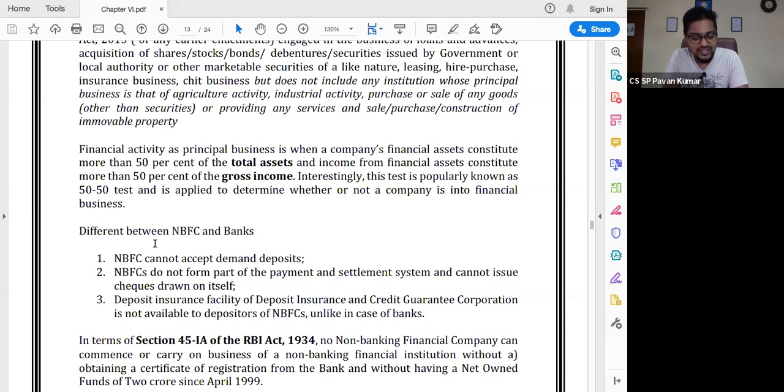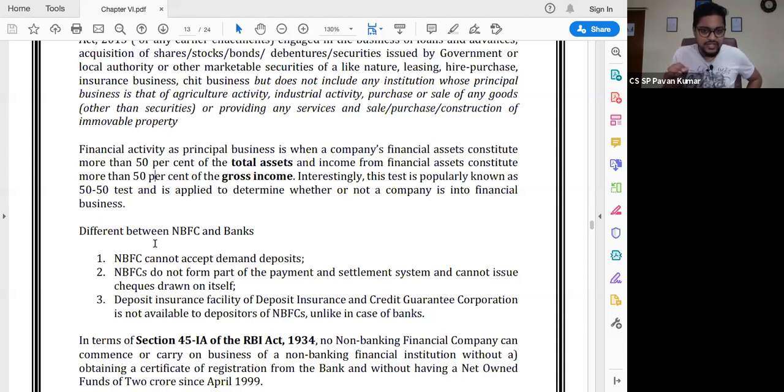What they are saying in this 50-50 test is that at least 50% of the entire assets of my company should be financial assets, and at least 50% of the income that I get from this business should come from the financial assets. So 50% of the assets should be financial assets, and 50% of the gross income should come from the financial assets. This is the 50-50 test.